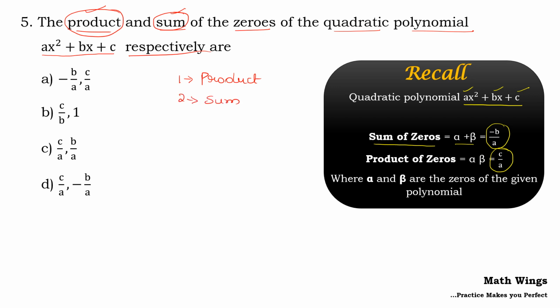Which is the correct answer? The correct answer is option D, that is c by a, comma, minus b by a. So students, be careful when you are reading the question. See what they have asked and choose the answer based on the question.